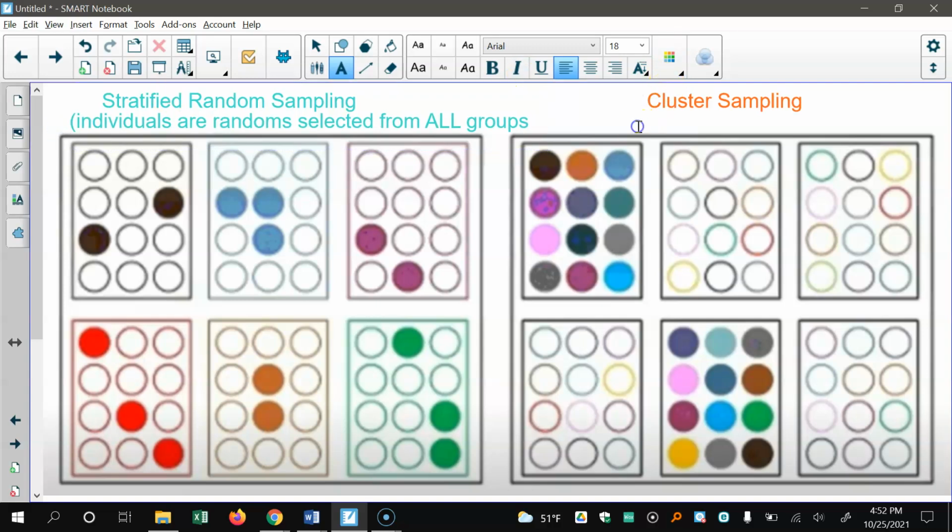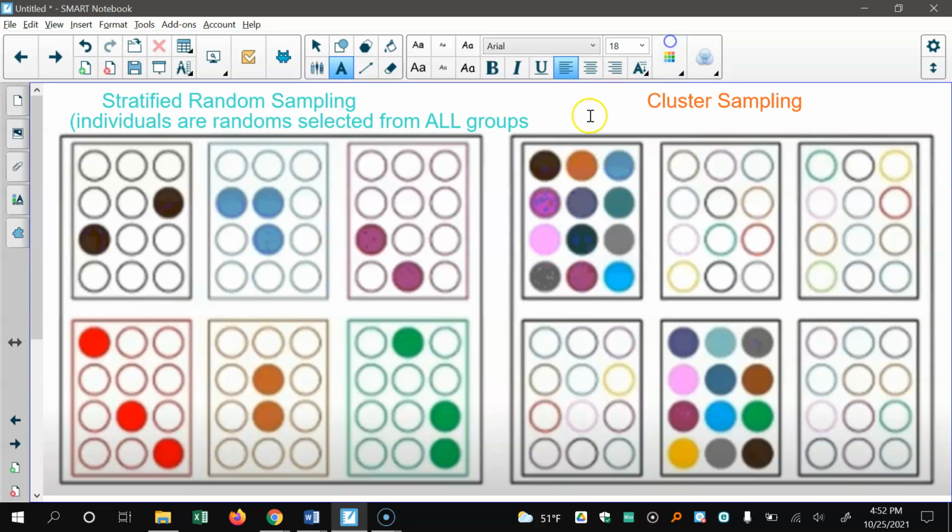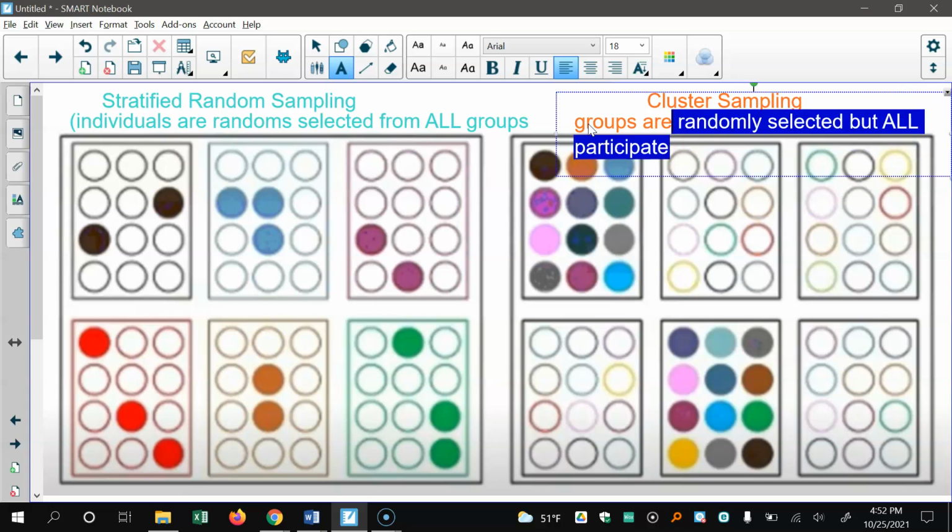And for cluster sampling, groups are randomly selected and all partake. Okay, so that's the difference between stratified and cluster.